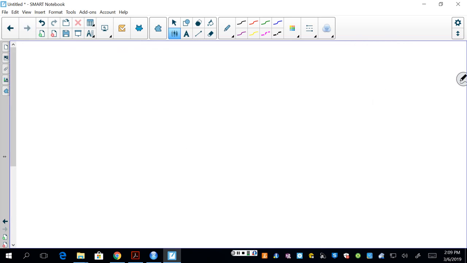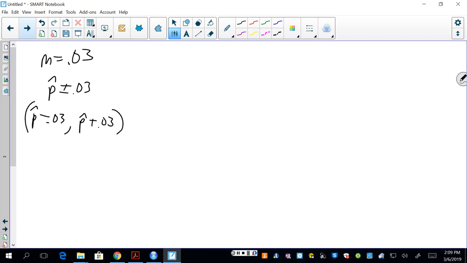If we wanted, say, a margin of error of 3%, our interval is going to look like p hat plus or minus 0.03. So p hat minus 0.03, p hat plus 0.03, right? We want that accuracy. What's our sample size then?